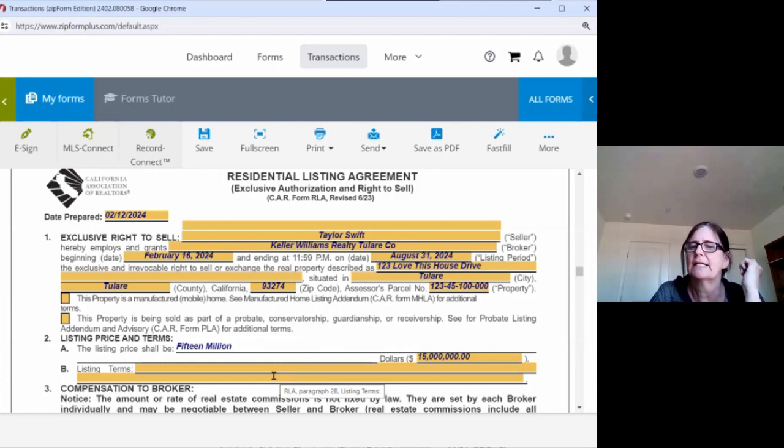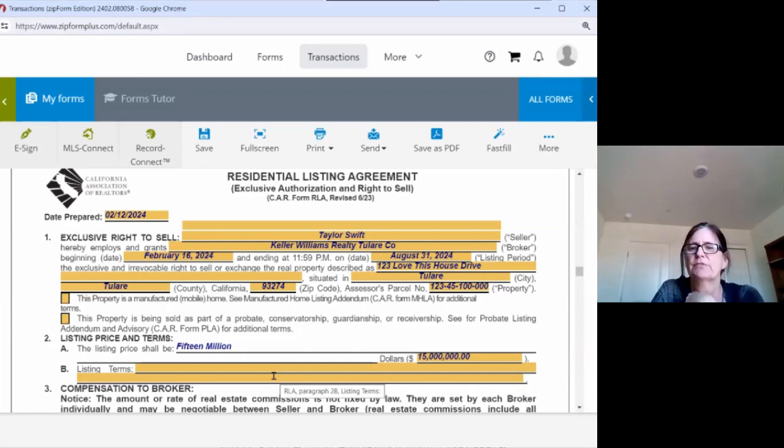When they sign it, then I bring it back to the office and I'm going to upload it as a PDF. So you can scan it in as a PDF document and then upload it into whatever program you need to upload it into. One thing though is we do have to make sure that we're leaving copies of whatever a client signs. So if they sign it by hand, you definitely have to leave them a copy as well.